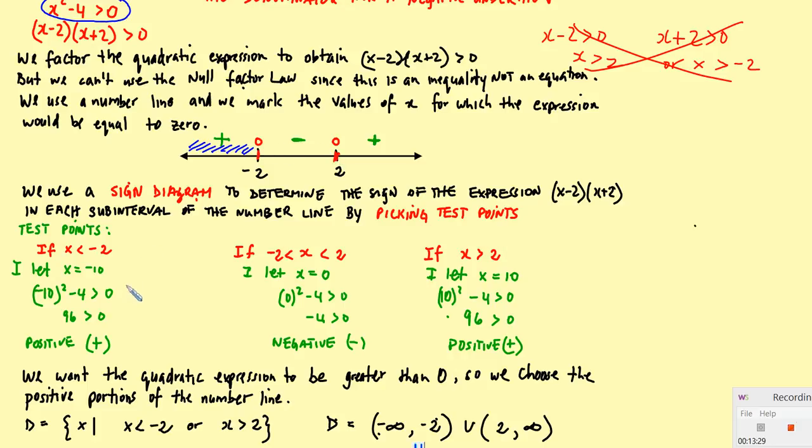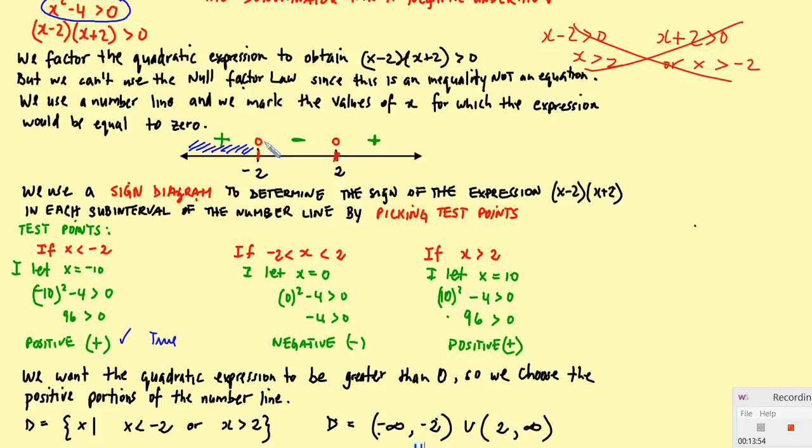When I put negative 10 into the inequality x squared minus 4 is greater than 0, I get negative 10 squared minus 4 is greater than 0, and 96 is greater than 0. That's true, so I mark that as positive. When it's true, it means it's positive.